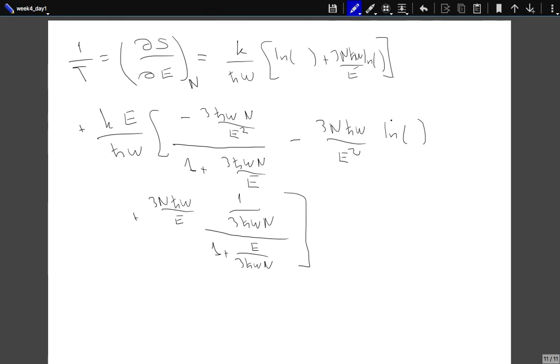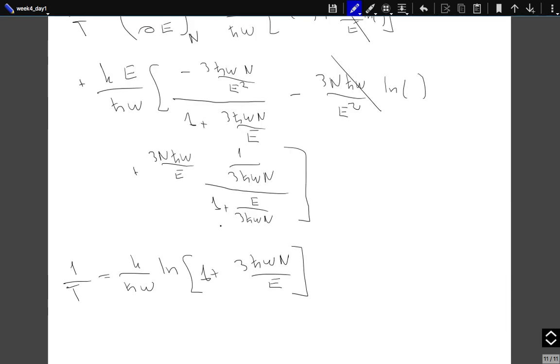Well, let's do some simplifications. This term will cancel this one. There you go. So 1 over T is K over h bar omega logarithm of 1 plus 3 h bar omega n over E. So here, let me write the first term, plus K E over h bar omega, or let me multiply with E everywhere.